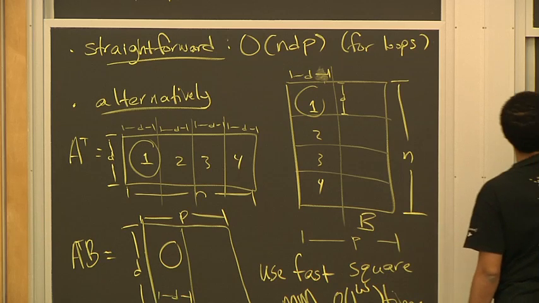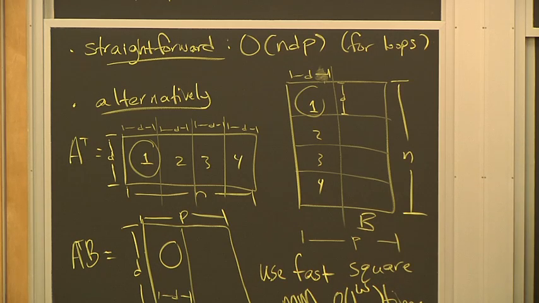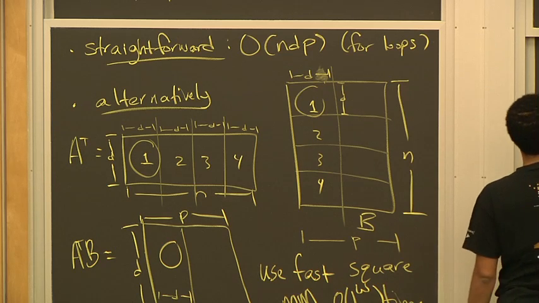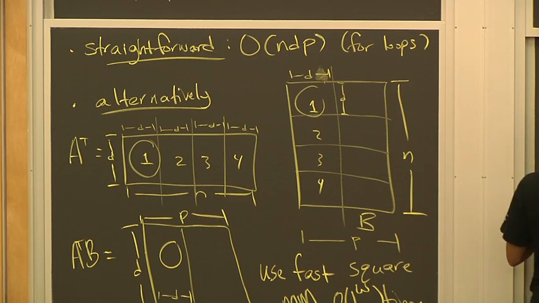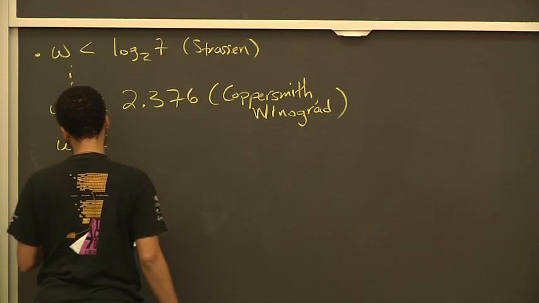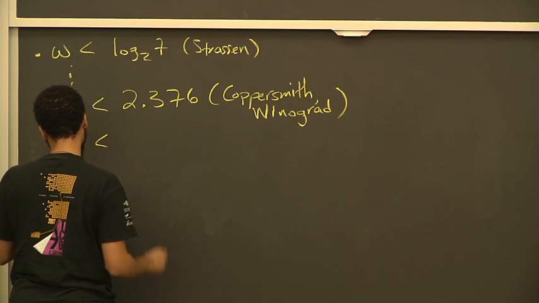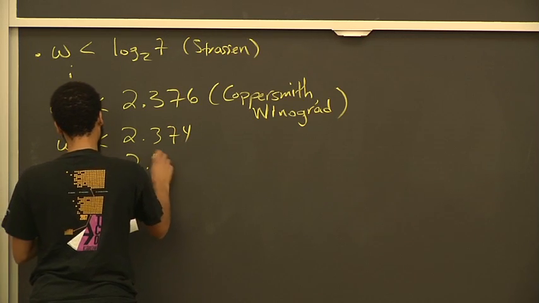Okay, so we know, for example, that omega is less than log base 2 of 7. That's Strassen. And there have been a bunch of improvements. One notable one is omega is less than something like 2.375 or 2.376. This is Coppersmith and Winograd. And then there were improvements by others afterwards. So omega is less than, I think, 2.374, and then 2.373.